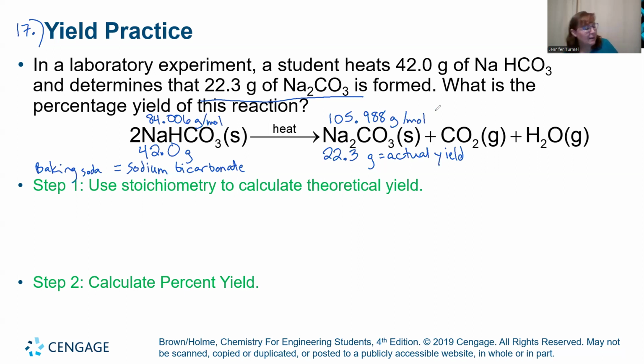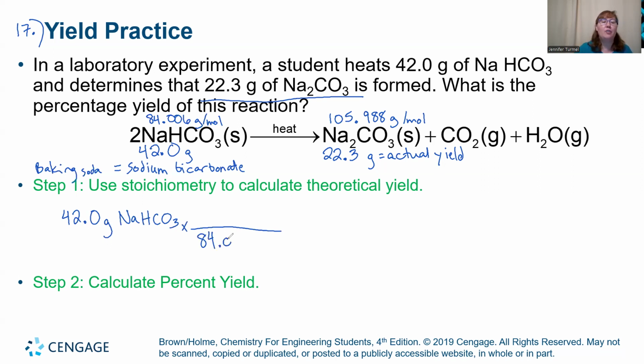Okay. So now some steps here that I've got built in. Our step one is to use stoichiometry to calculate the theoretical yield of our product here. All right, so let's go ahead and set that up. We start with our given. We have 42.0 grams of our sodium bicarbonate. And then for stoichiometry, we need our molar mass.